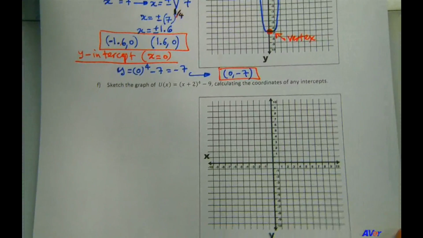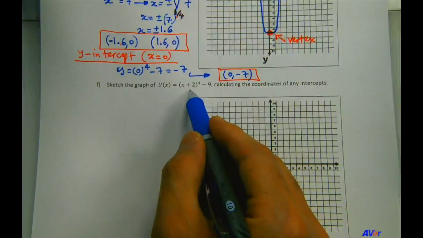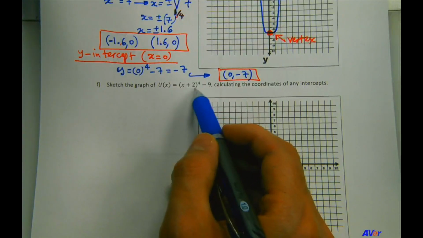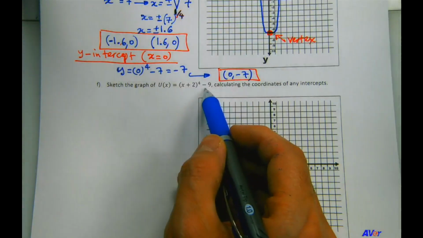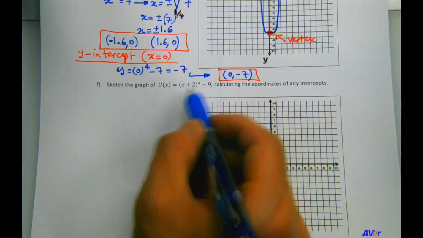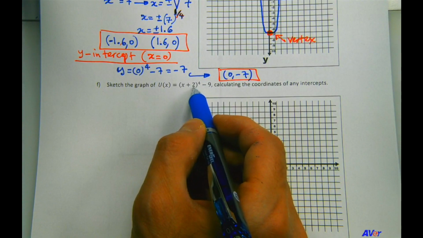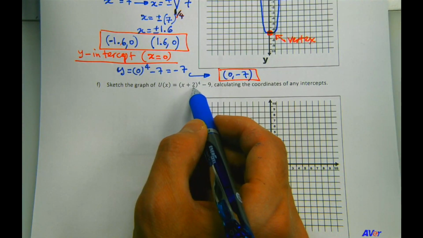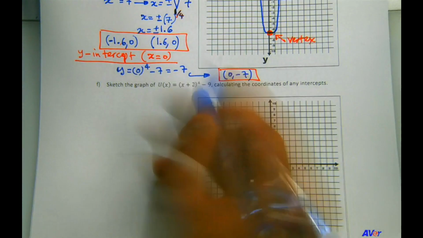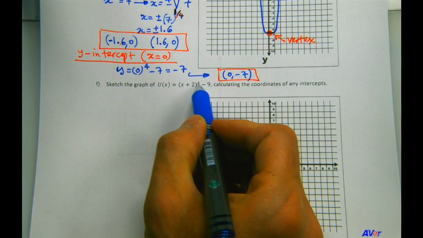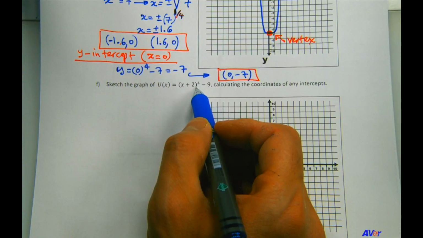So this next graph, it says that, again, it's y equals x plus 2 to the 4th power minus 9. So once again, we have the flattening at the bottom of a graph that looks like the graph of a quadratic function, but the bottom is flat because this even power is higher than the second or square.